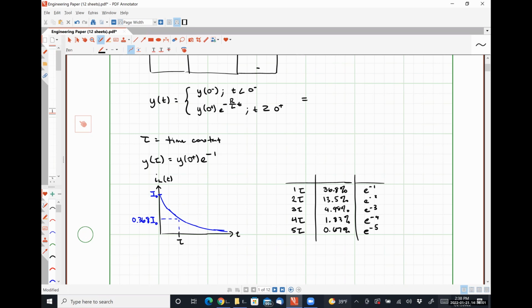So when tau is equal to L over R, our exponential of e to the minus R over L times L over R goes to e to the minus 1, which tells us that we are at exactly 1 time constant.